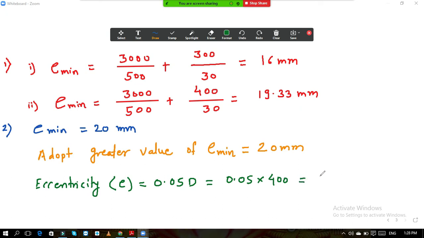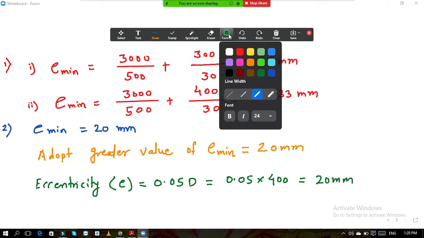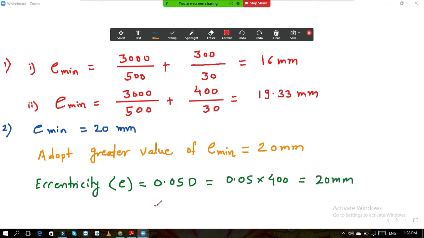What is the answer? 5 fours are 20. So now here if you see, your E minimum is less than or equal to E. And whenever this condition arises, when E minimum is less than or equal to E, this condition is there.